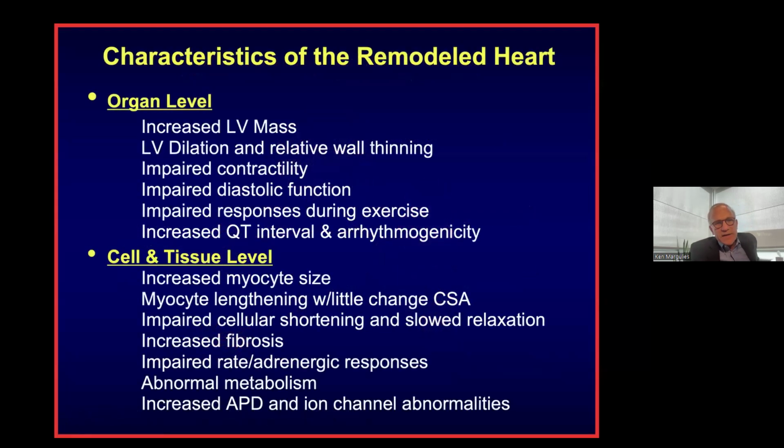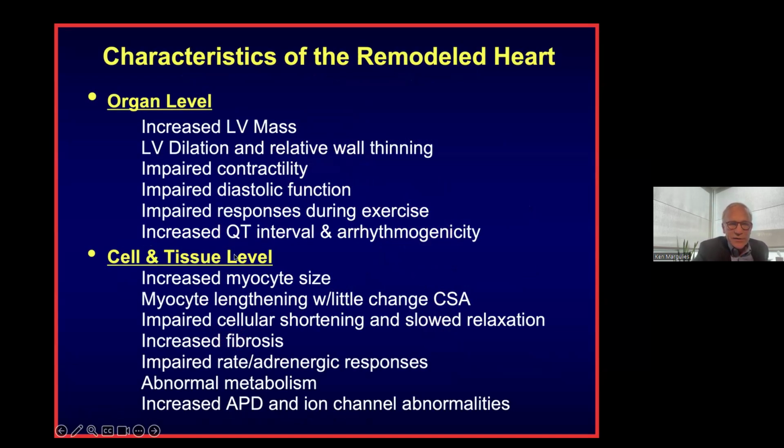One of the things I wanted to highlight is that the remodeled heart has many parallels at the organ level and the cell and tissue level, as summarized here. So for every increase in LV mass or LV dilatation or relative wall thinning, we see changes in the myocyte size and aspect ratio.